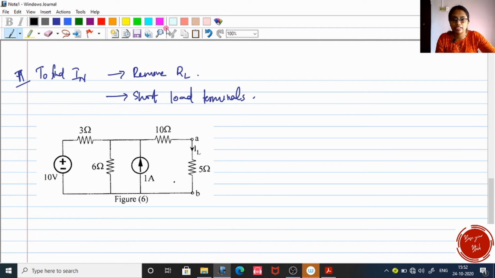Remove RL first. We have to remove this load resistor and short the load terminals. Let's short these load terminals AB. And In is the current that passes through this shorted terminal, I mean the shorted branch. So here this IL indicates In.